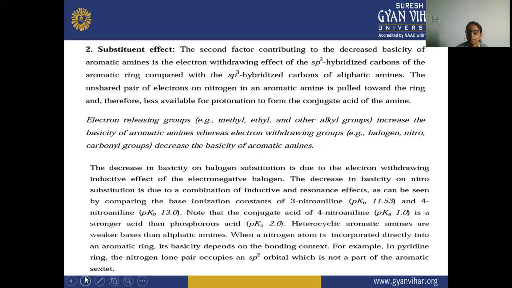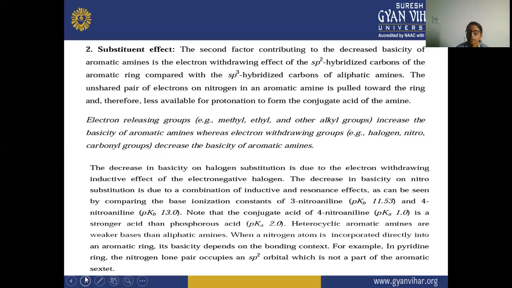In the aromatic ring, the carbons forming the bonds are all sp2 hybridized, so they have an electron withdrawing nature. In aliphatic amines, the carbons are sp3 hybridized and have an electron releasing nature. That is why they increase the basicity of the aliphatic amines.